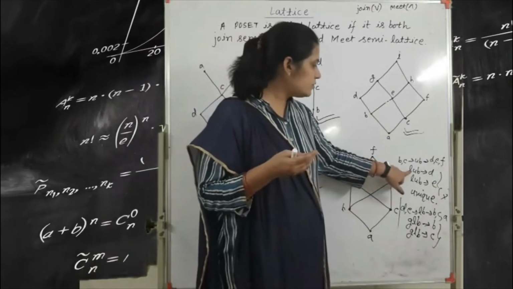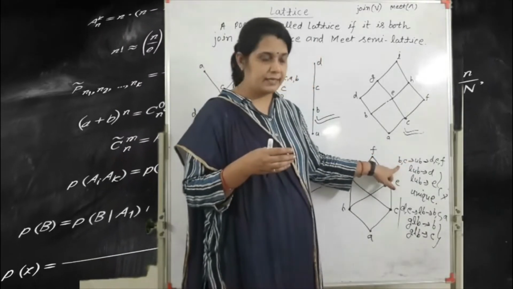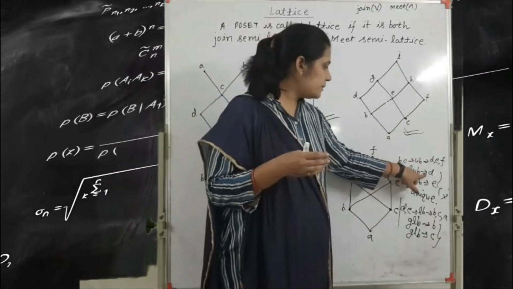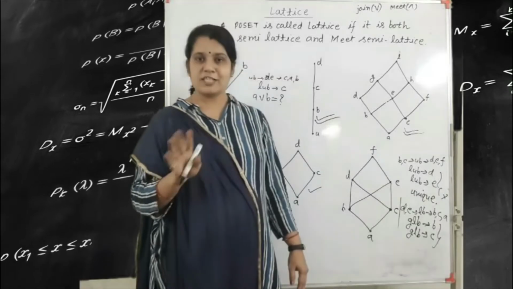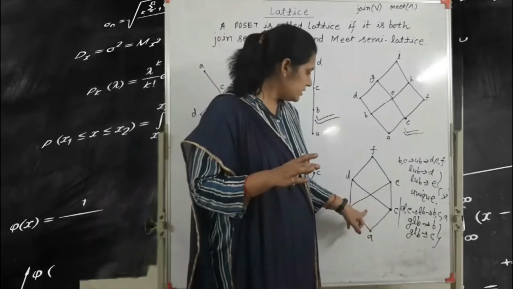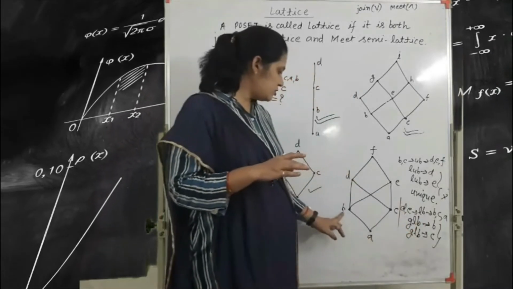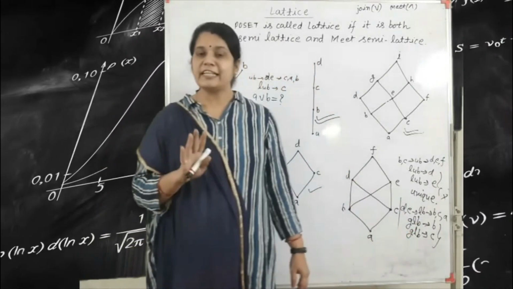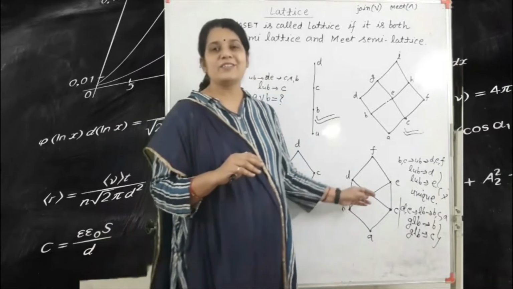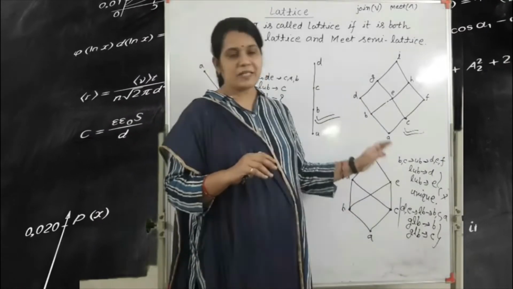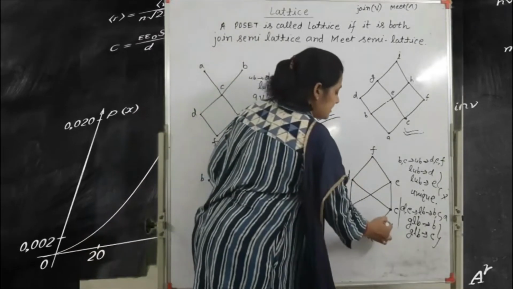For B and C, the least upper bounds are D and E, so this is not valid. And for D and E, the greatest lower bounds are B and C, so this is again not valid. So this is not a lattice.